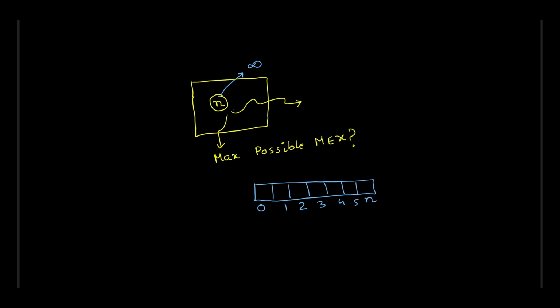So if there are n integers, one integer can fill at most one gap, because if the integer itself is bigger than n, it is not really filling any gap. So the best that one single integer can do is fill one gap. So you need at least n plus 1 elements to fill all these gaps.